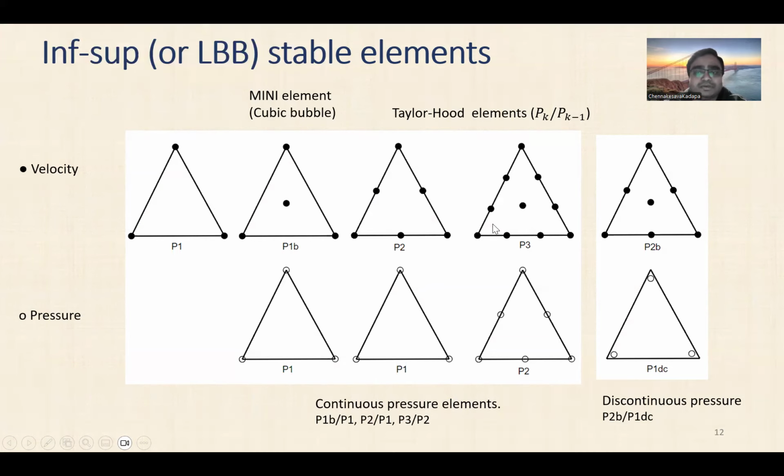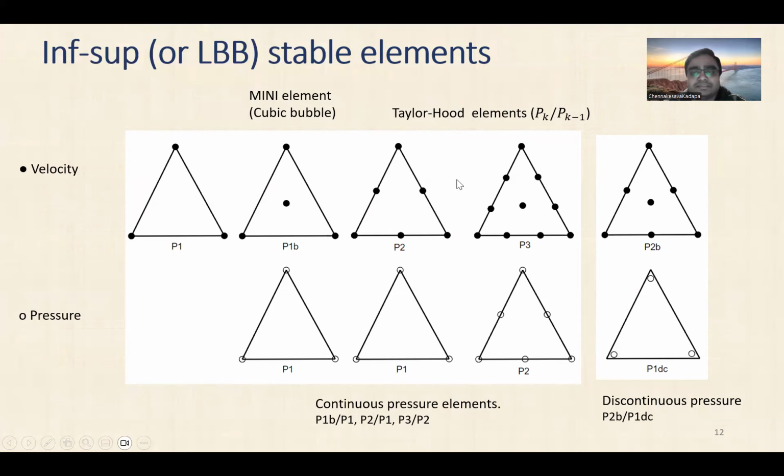What we basically do is take this bubble function from the P3 element and add it to the P1 element. So this combination, P1 with cubic bubble for velocity and P1 for pressure, is a stable or inf-sup stable combination.